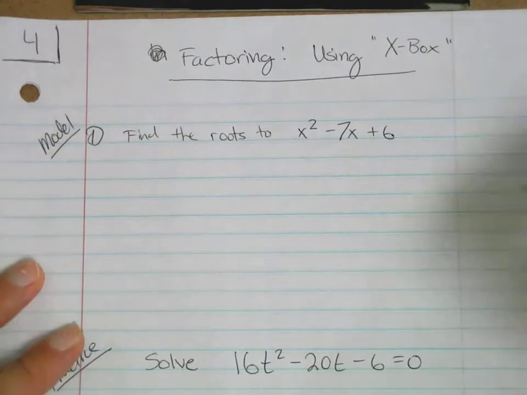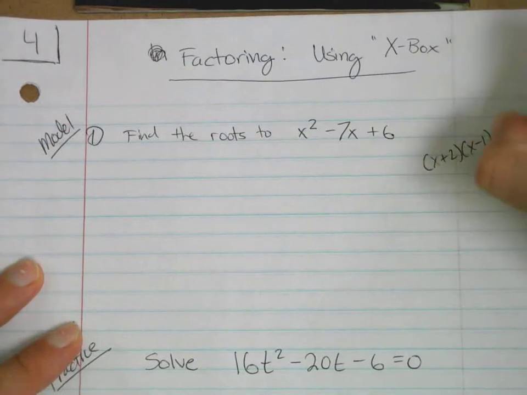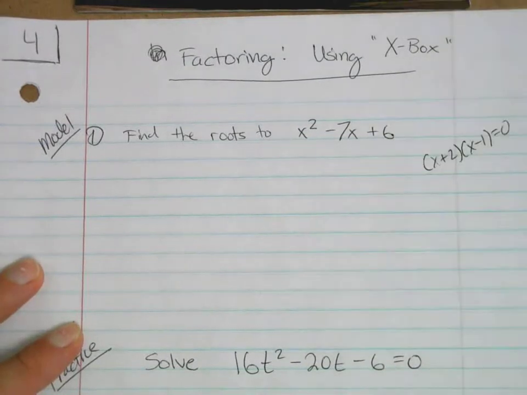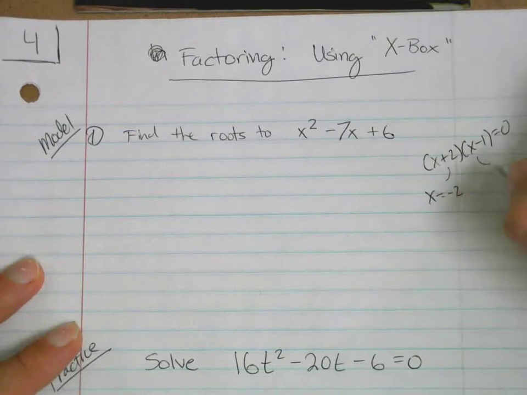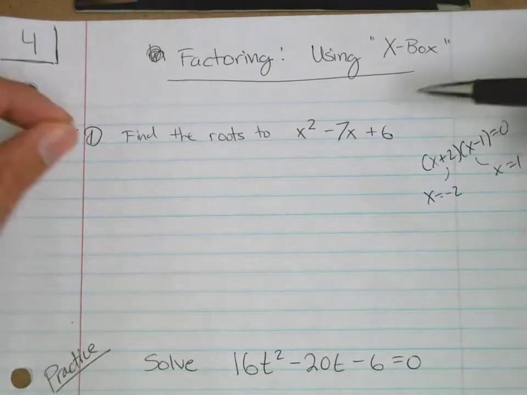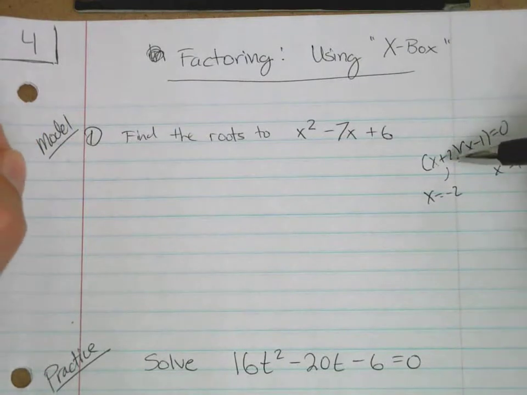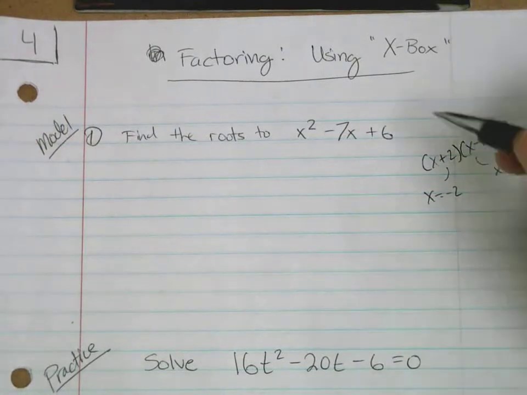Maybe you would see something like x plus 2 times x minus 1 equals 0. Find the roots of that. Well, you'd set both of these equal to 0, and you get x equals negative 2 and x equals positive 1. So implicitly, when it says find the roots, we're going to have to find these factored terms and put this polynomial in factored form.